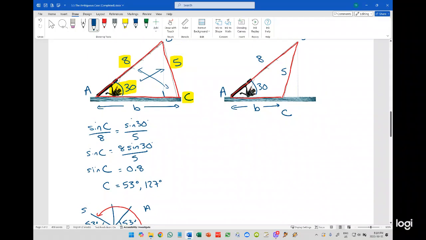So I'm going to redraw my two triangles just to make them a little bit clearer, and fill in the information I have for both of them. The first one looks like this, and the second one looks like this.